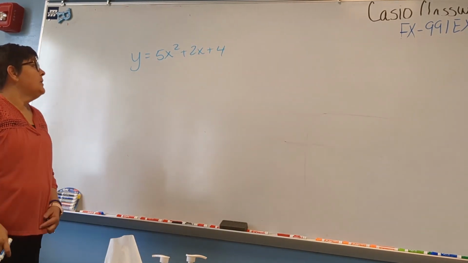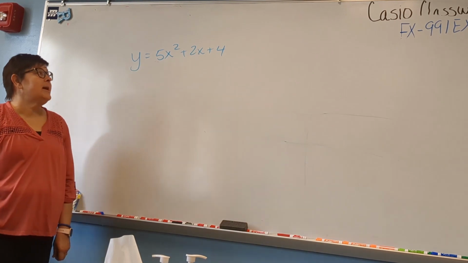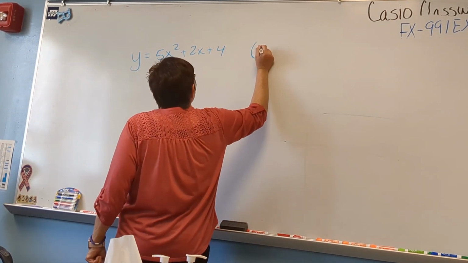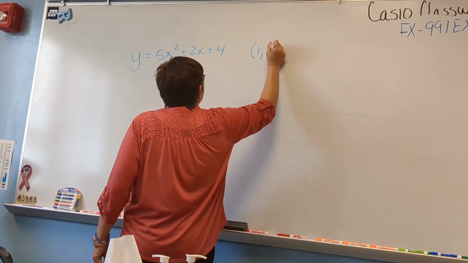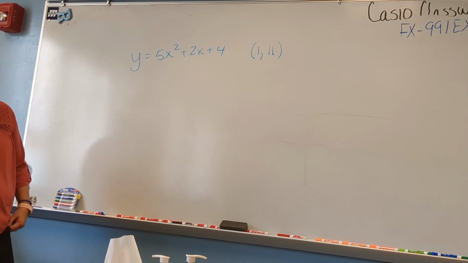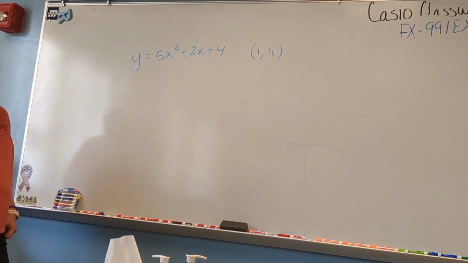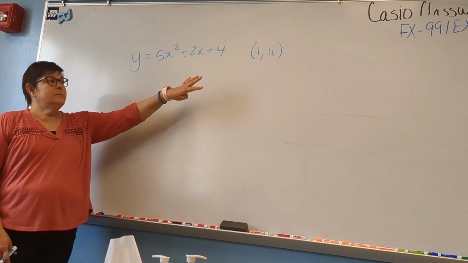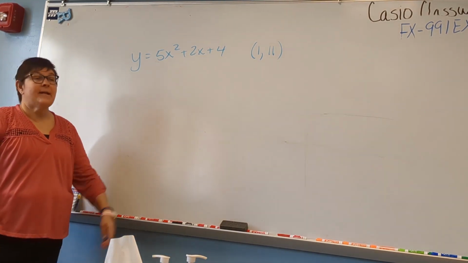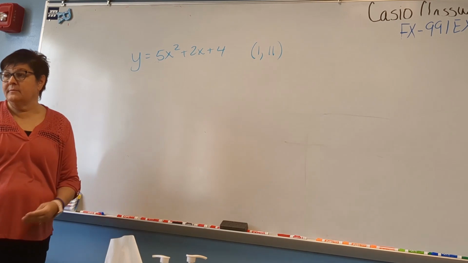Okay. 5x squared plus 2x plus 4. Okay. So I'm telling you, I have an equation and I have an ordered pair that's going to be on that equation, okay?